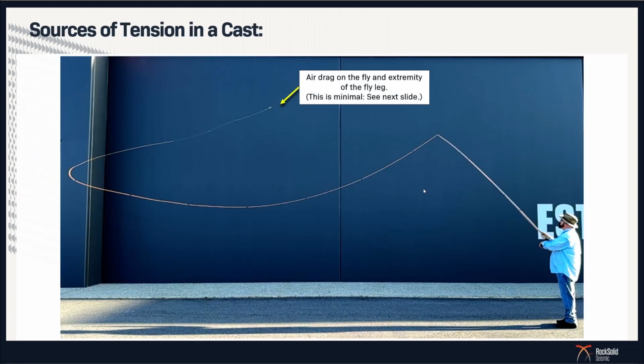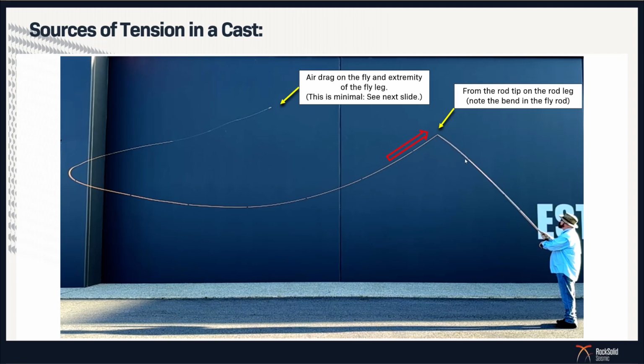So the sources of tension in a cast. We get air drag on the fly and the extremity of the fly. This is minimal. There isn't a lot actually happening up here, and I'll show that more in the next slide. But we also have tension at the rod tip. You can see the rod's a little bit bent there because we've got the weight of this string and the tension in this string pulling on the rod tip.